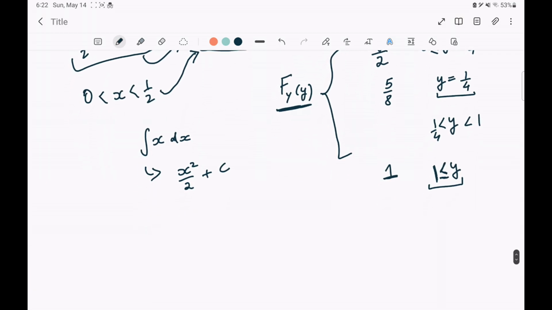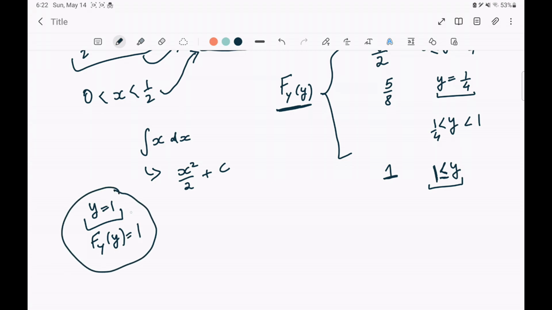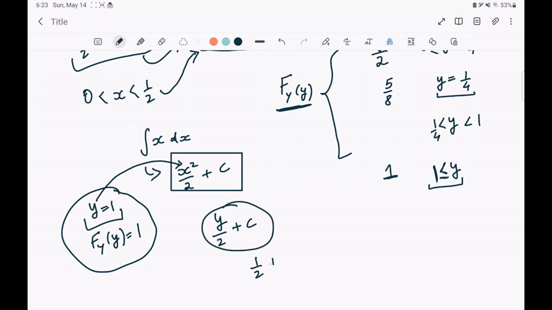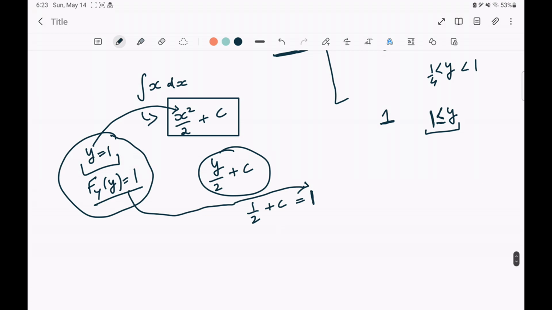Now we know that the value at y equals 1 would be 1, so the rightmost boundary of this should match 1. Hence, if we plug in the value of y, where y equals x square, and put y equals 1, it would be half plus c equals F of y, which is 1 here. So c is half in this case.